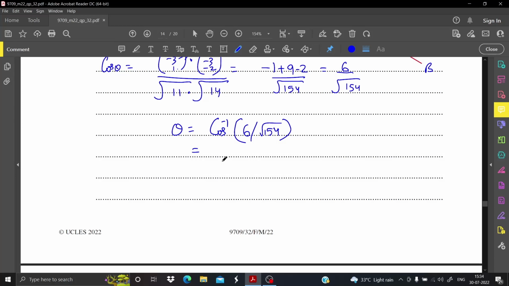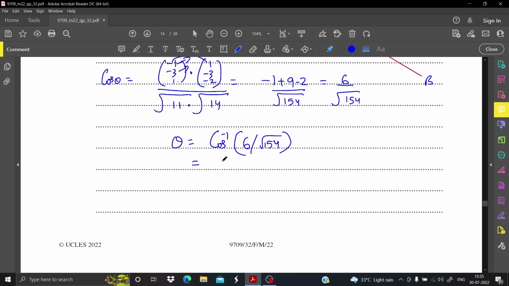So cos inverse of 6 divided by root of 154 will give you... The calculator shows 61.1, so to the nearest 1 decimal place it is 61.1 degrees.